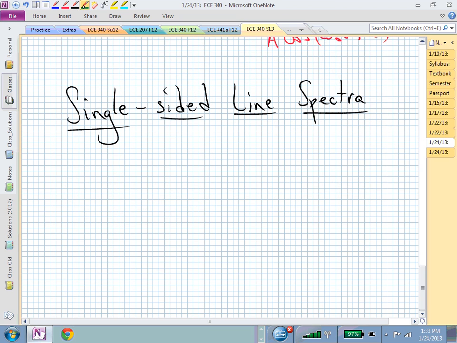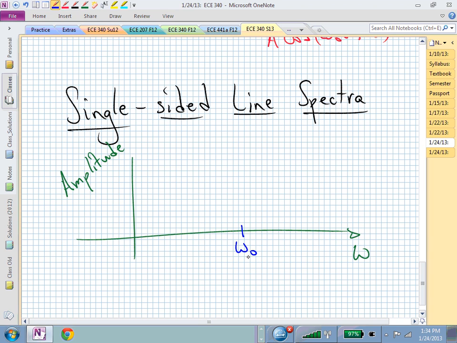And the way that we will do it is we will have an amplitude piece. Here's the axis omega. We had a particular frequency, omega naught, and at that frequency we had a specific amplitude A. That's now the magnitude content, or the spectral content in terms of the magnitude.